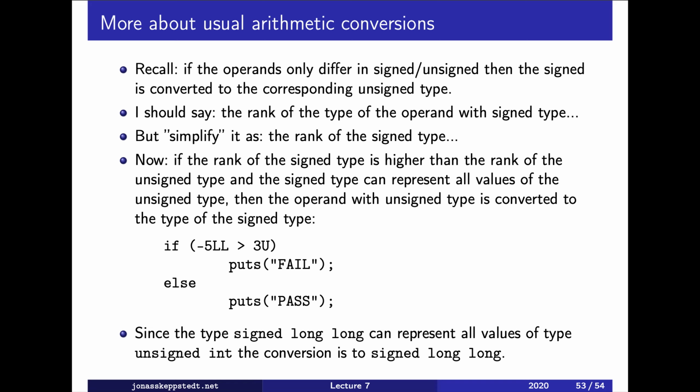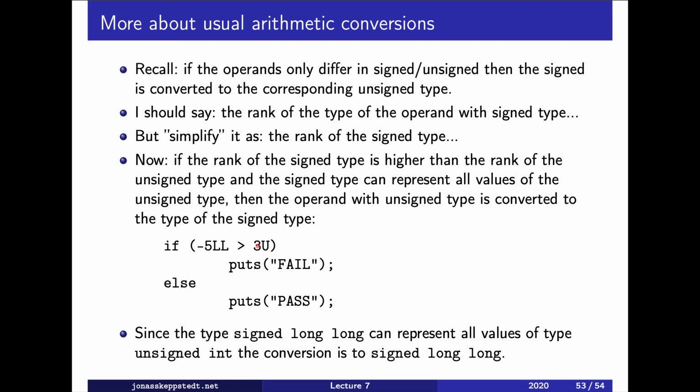So, if we have this example, then we have a -5 in signed long. That's a 64-bit number. And here we have unsigned, a 32-bit number. So signed long can represent all values in the type unsigned int. That means this operand is converted to a signed long.